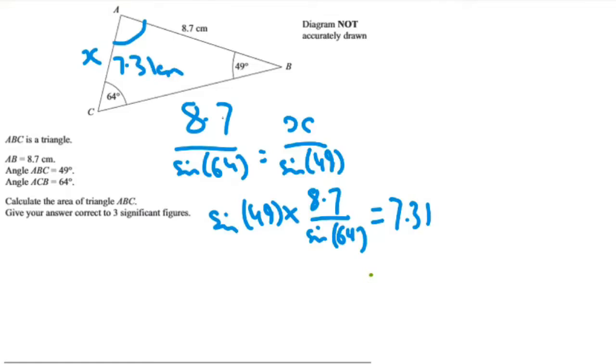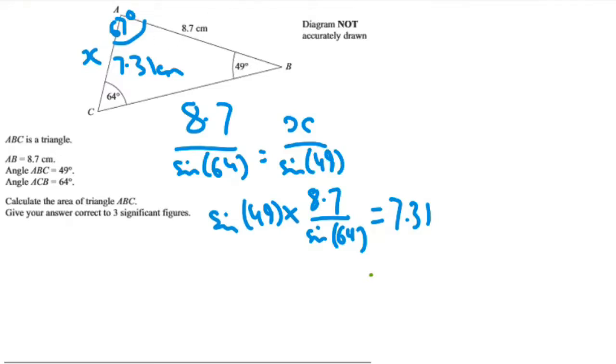There. As for the angle, actually we don't need a rule for this one. We can just simply say that the angles in a triangle add up to 180. So if you were to do 180 minus 64 minus 49, that should leave you with 67 degrees here.